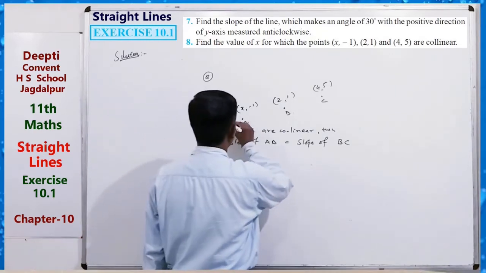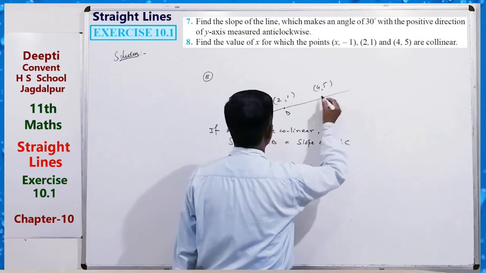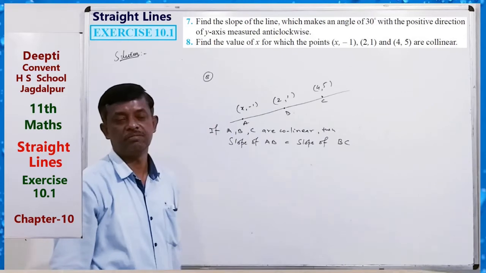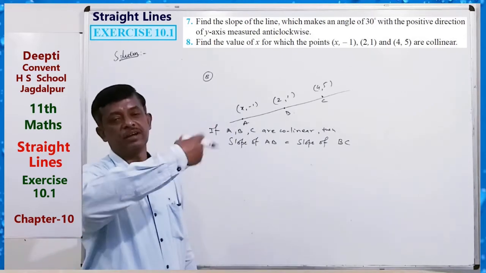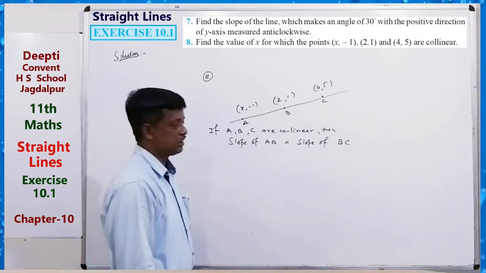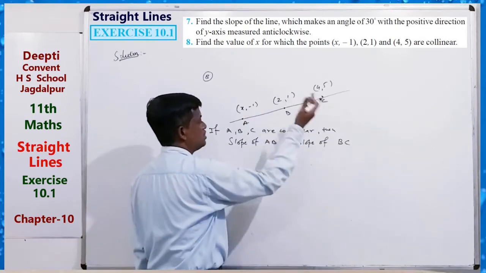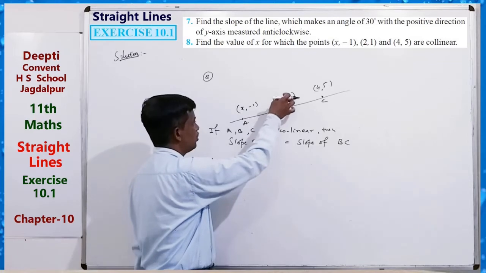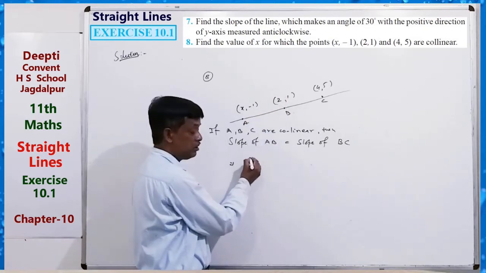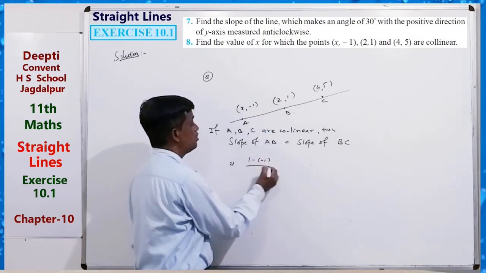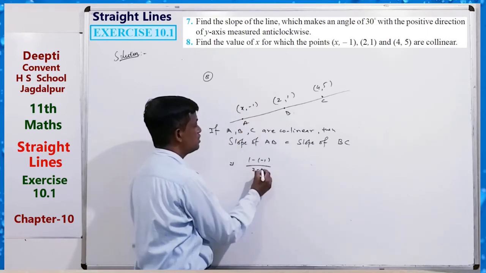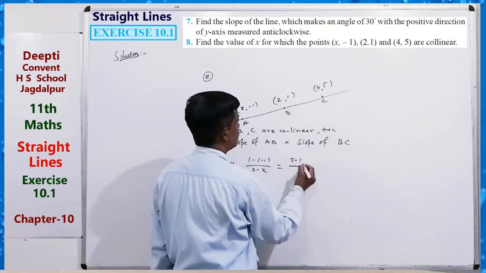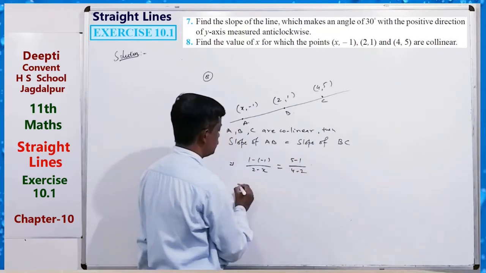Because if the points are collinear, the slope of this line segment and this line segment will be the same, since they make the same angle with the x-axis. So the slope of AB is (1 minus (-1)) upon (2 minus x), equals (5 minus 1) upon (4 minus 2).